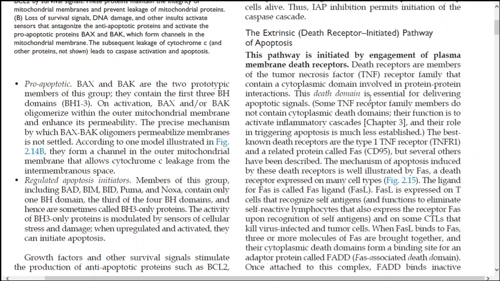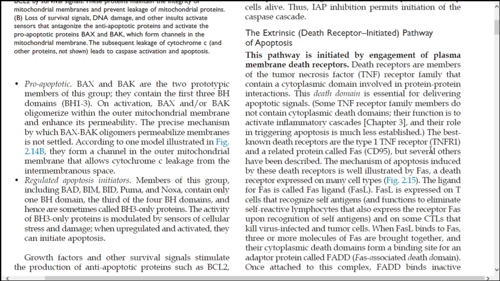So the death domain is essential for delivering apoptotic signals. Some tumor necrosis factor receptors do not carry cytoplasmic death domains, so their function is to activate inflammatory cascades.